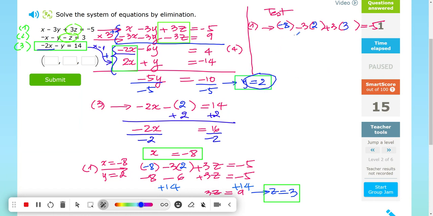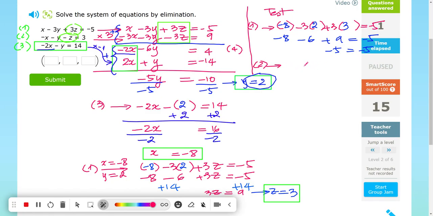Okay, so let's do the math here. Negative 8 subtract 6 plus 9 equal negative 5. Okay, this is negative 14 plus 9, negative 5. Alright, so you got negative 5 on both sides. So it's correct. Very promising. Alright? So I do the same thing. Test equation number 2.